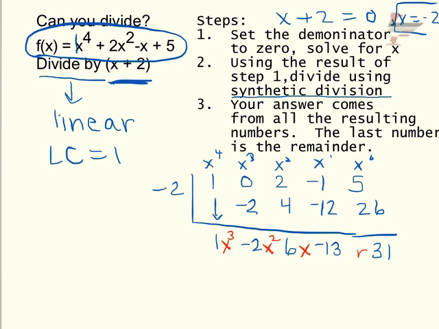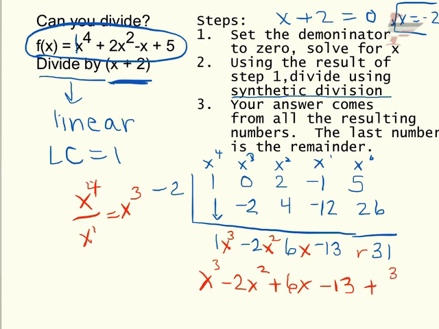But again, I want you to understand that you're taking 4th degree divided by 1st degree. So if you just think about x to the 4th divided by x to the 1st, you know that that's x cubed, and that's why my resulting division process ends with x to the cube. So again, this is x cubed minus 2x squared plus 6x minus 13, and then your remainder you write as a product of what you're dividing by. So remainder of 31 over x plus 2, because that's what I divided by.